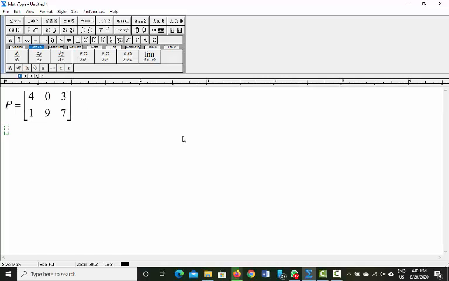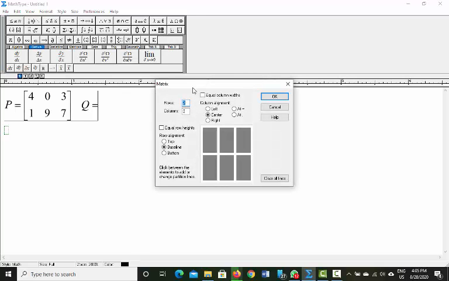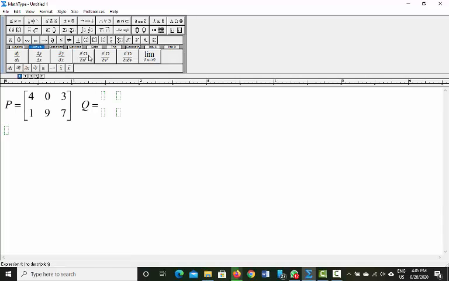And Q is equal to, for example, 9, 4, 7, 1.